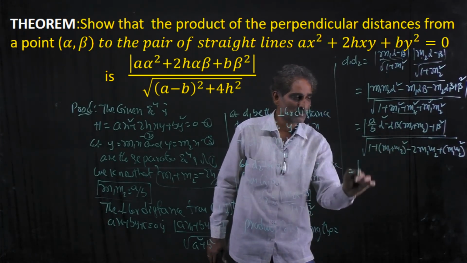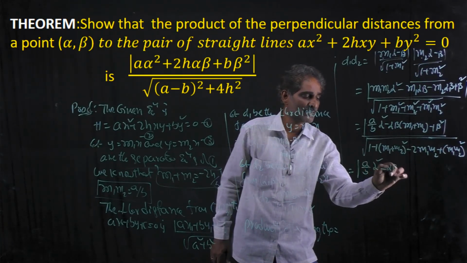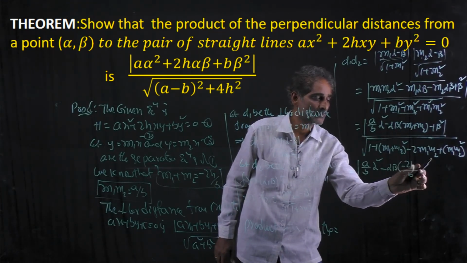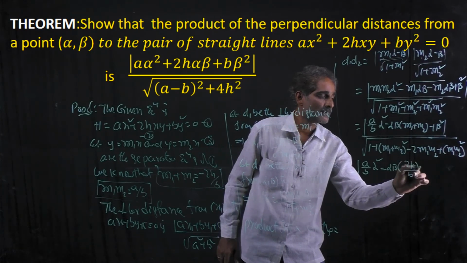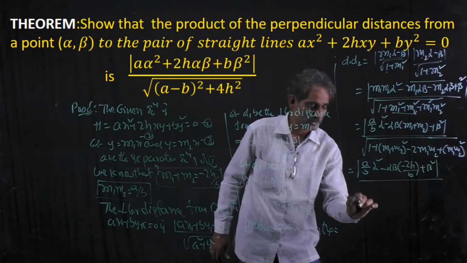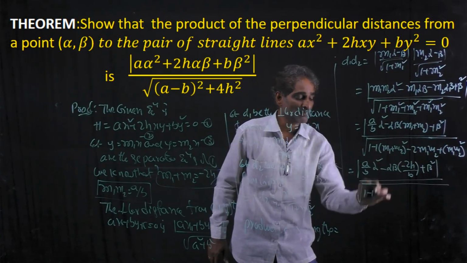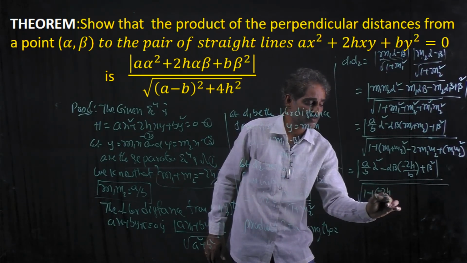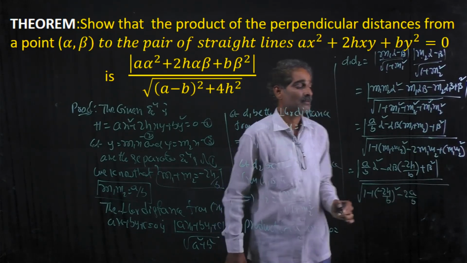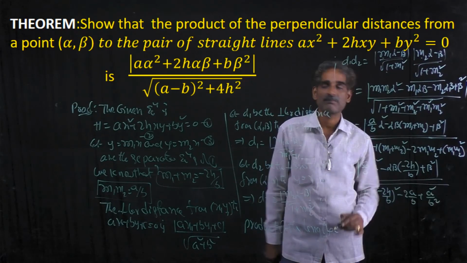So now the numerator value is (a/b)α² − αβ(−2h/b) + β², divided by the square root of 1 + (−2h/b)² − 2(a/b) + (a/b)², that is a²/b².